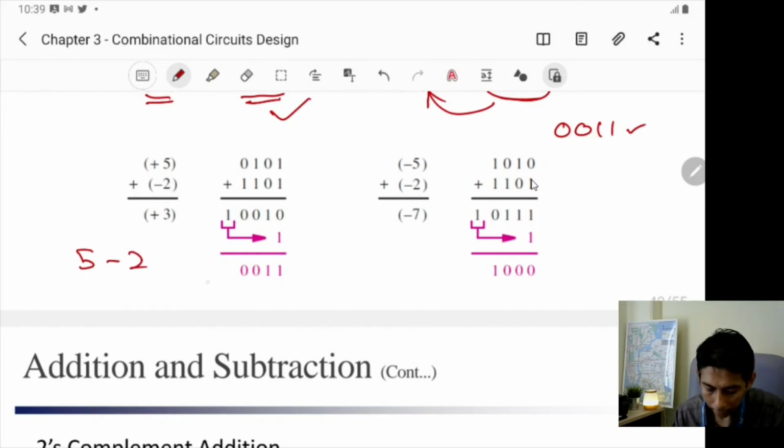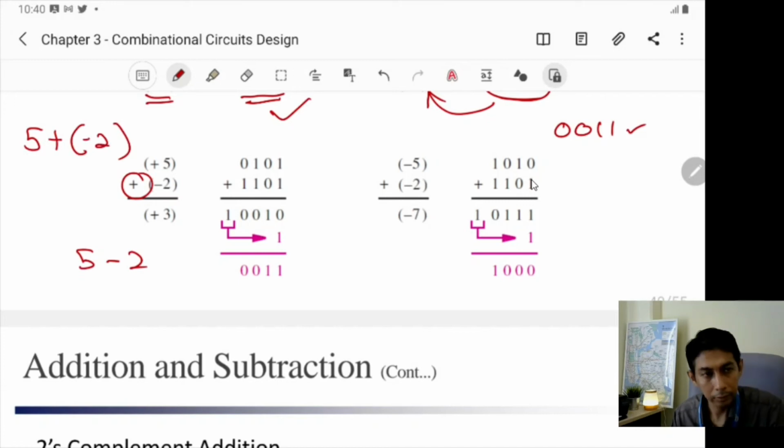Or in other words, we can use an adder to do subtraction, because 5 minus 2 is actually 5 plus minus 2. And plus here is an adder. And minus 2 we can represent using first complement number.